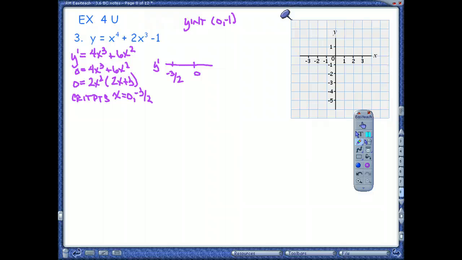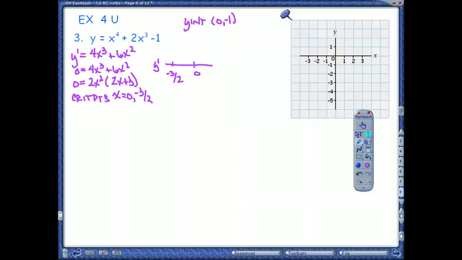You're picking a point in between -3 halves and 0 into your derivative to see if it's positive or negative, and on the other side of 0. Because of the way your factors are, this is an even power and this is an odd power. It's not going to alternate on both sides of the 0, so whatever it is on the right side of 0, it's going to be the same on the left side of 0. It will alternate with the -3 halves though.